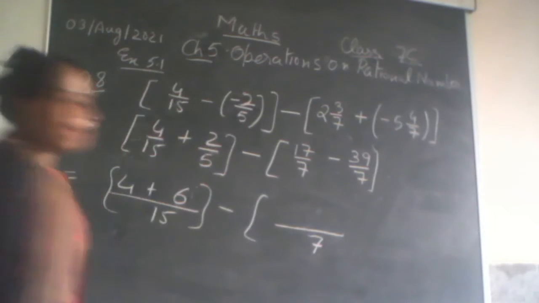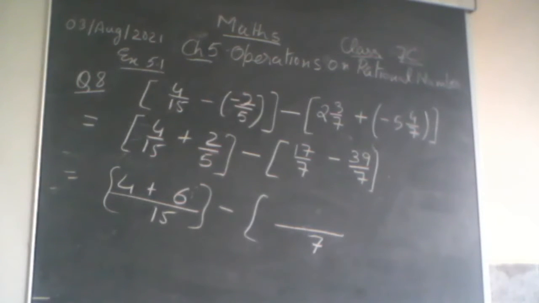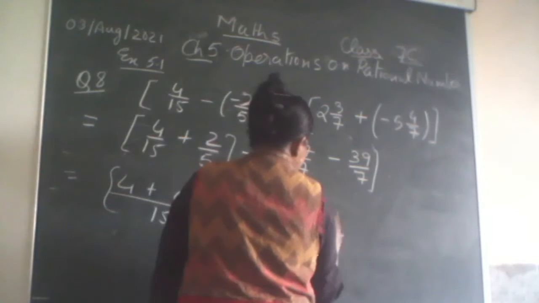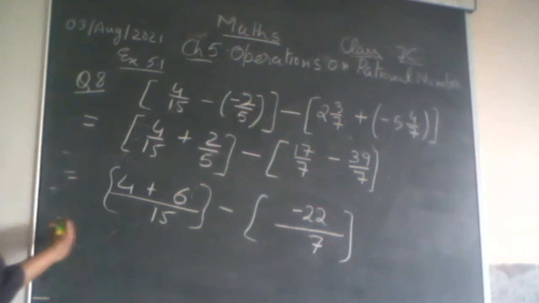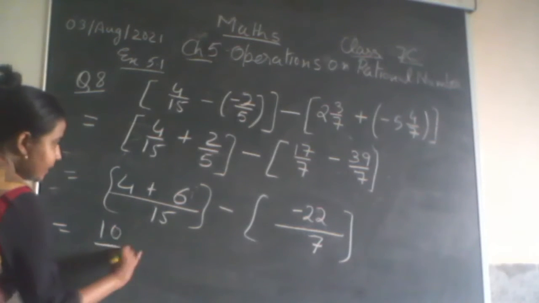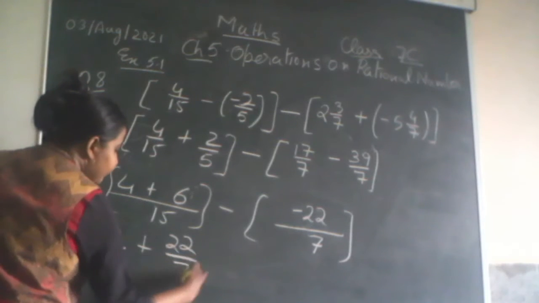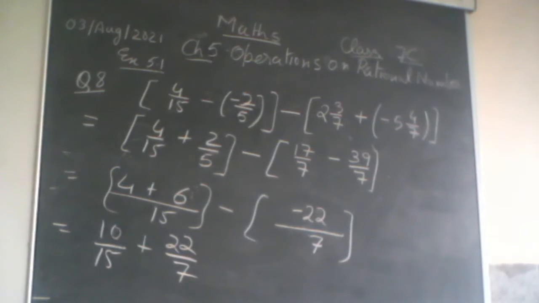So 17 minus 39 is how much? Minus 22. Correct? Yes, ma'am. Then 15 plus 22 by 7. Am I correct or wrong? Ma'am, correct.